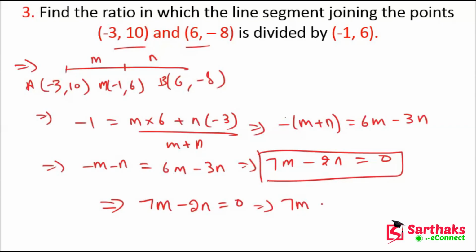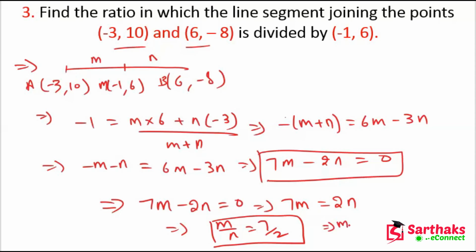So 7m is equal to 2n, and m upon n is equal to 7 upon 2. So the ratio m:n is 7:2.